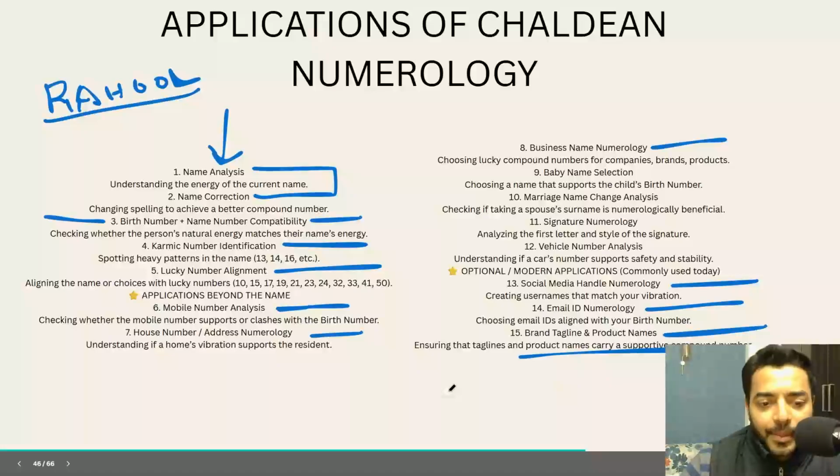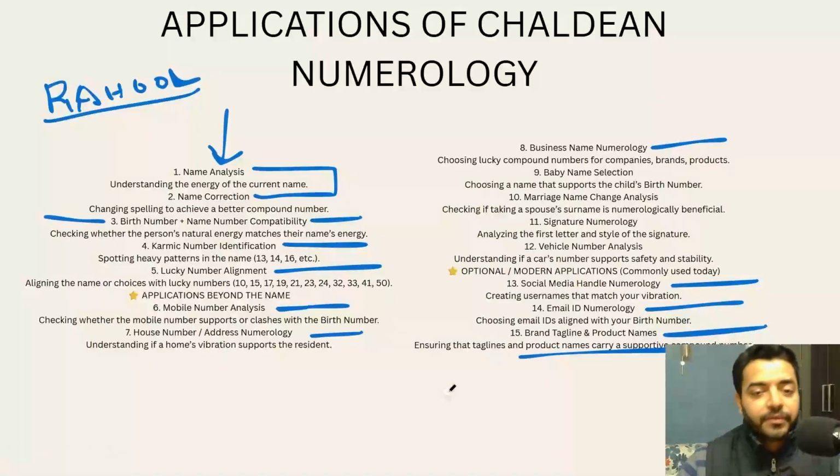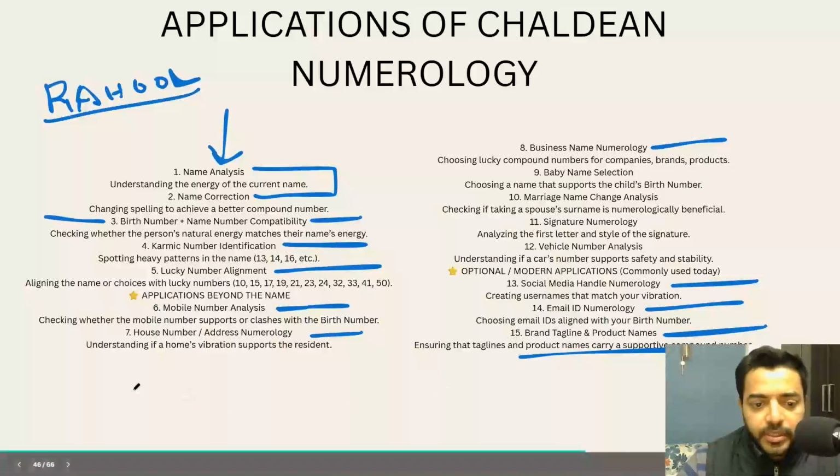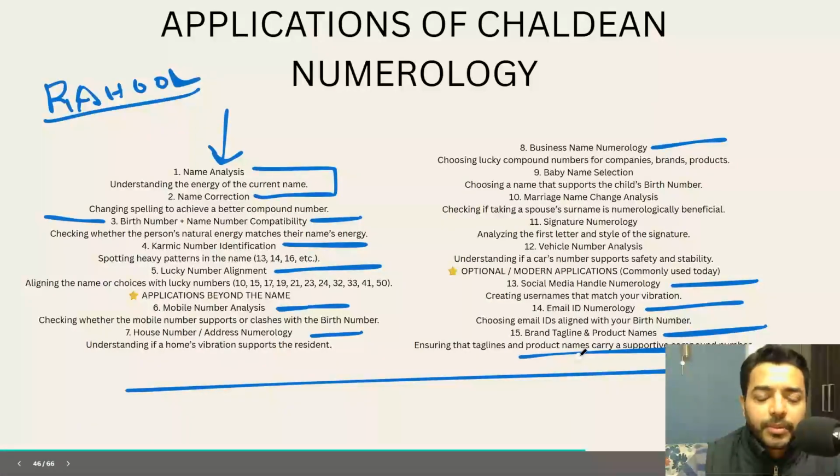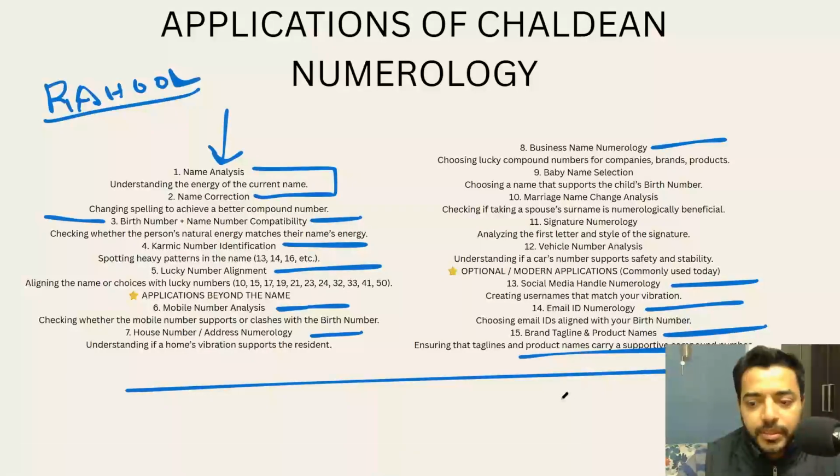So these are all the applications of Chaldean Numerology, which we didn't do any of these things in Pythagorean Numerology. So it's only in Chaldean Numerology because we have lucky numbers and karmic numbers, right? The same thing also applies to Vedic Numerology, which we'll see in a different course.